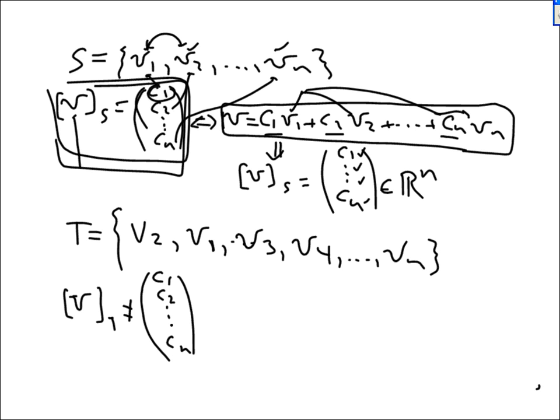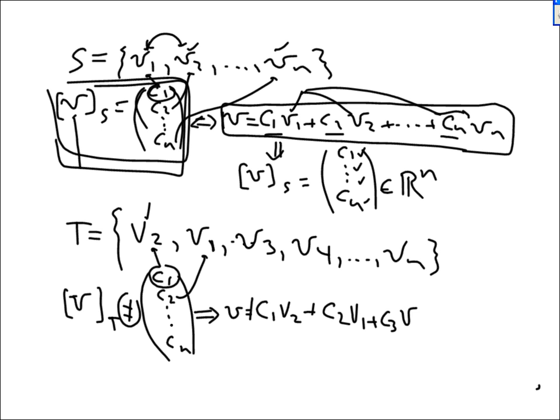Because if we did have equality here, that would imply that v is the first scalar times the first vector plus the second scalar times the second vector, plus the third scalar times the third vector on the list. V does not equal this.